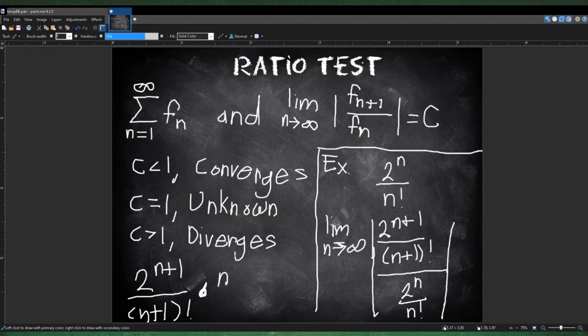So that's multiplying by n factorial over 2 to the n. So this simplifies too. 2 to the n plus 1 divided by 2 to the n is just a 2 on the top, because 2 to the n plus 1 is the same thing as 2 to the n times 2 to the power of 1. So you cancel out the 2 to the n, and you just have that 2.